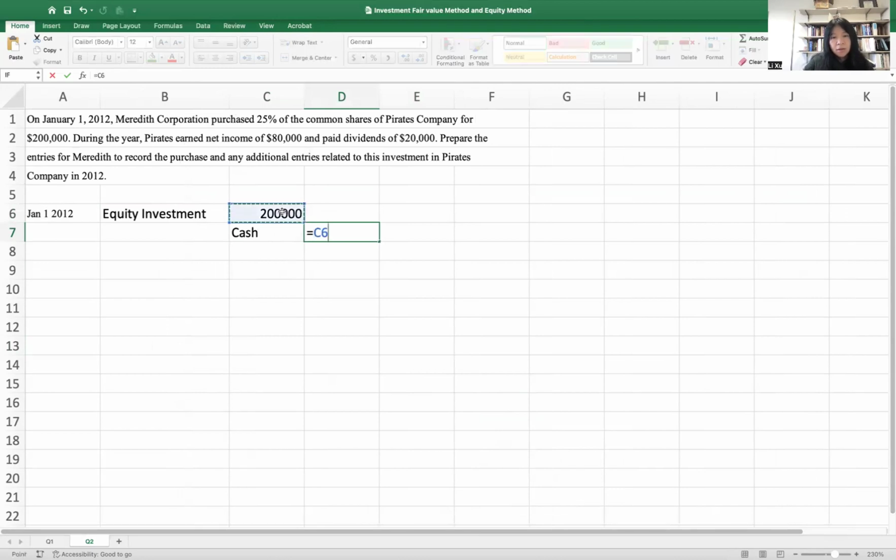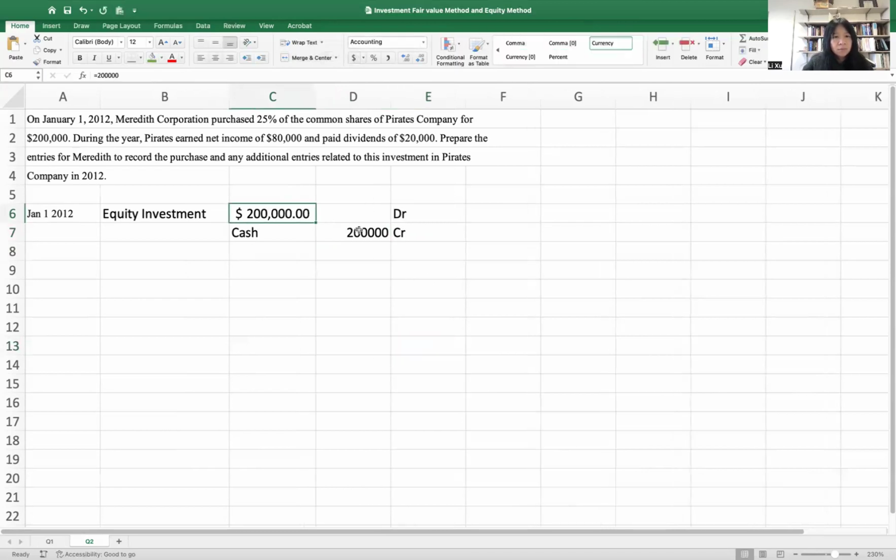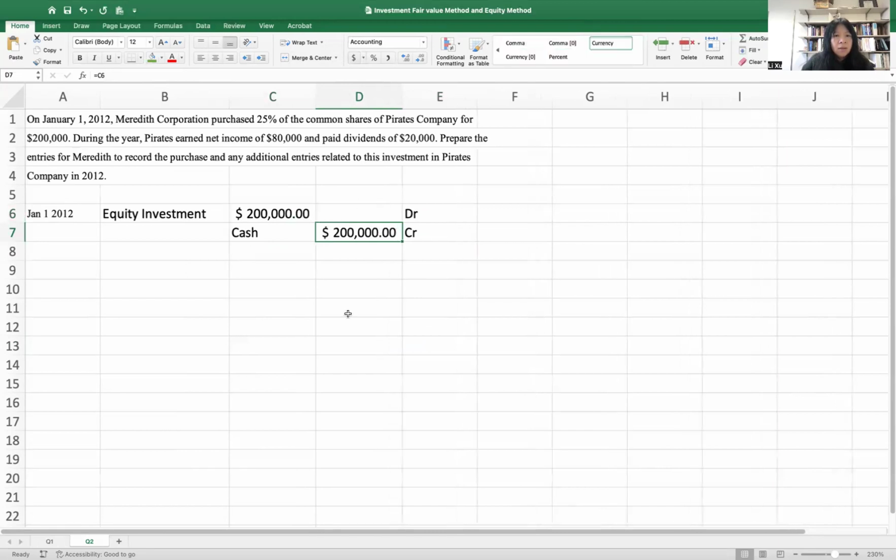Debit and credit, very straightforward. So that's the first journal entry.